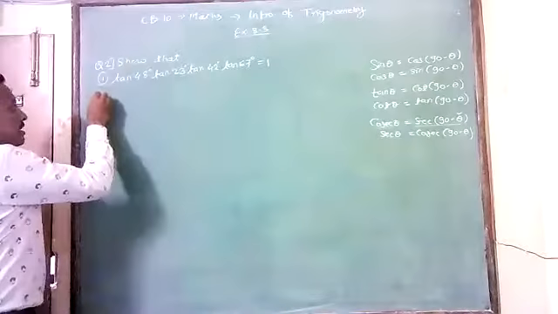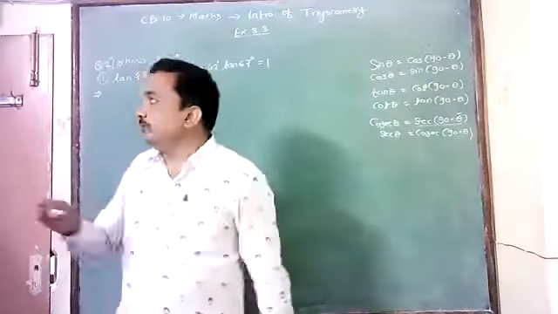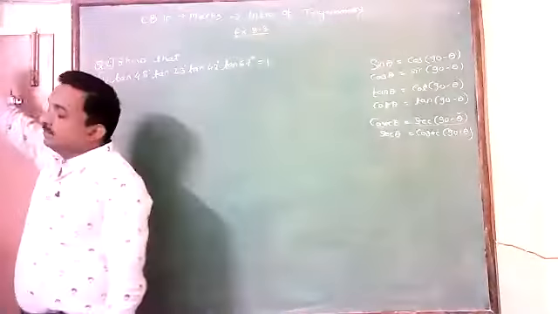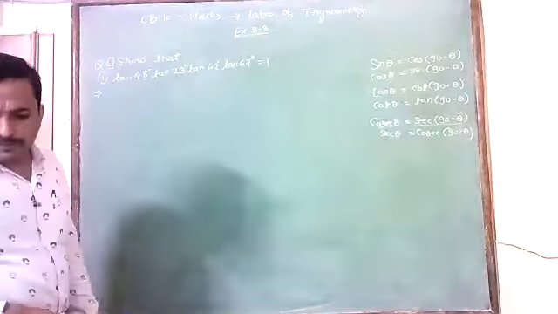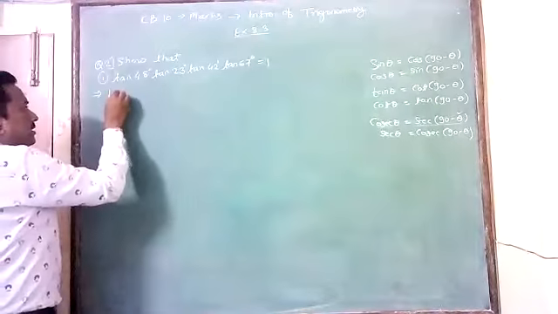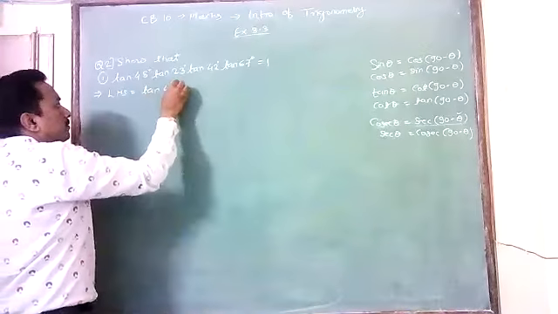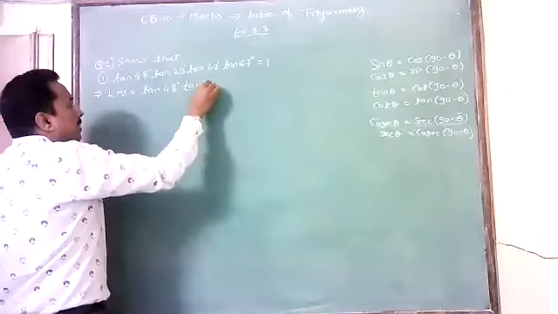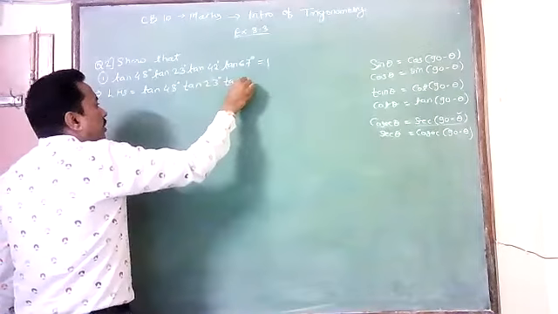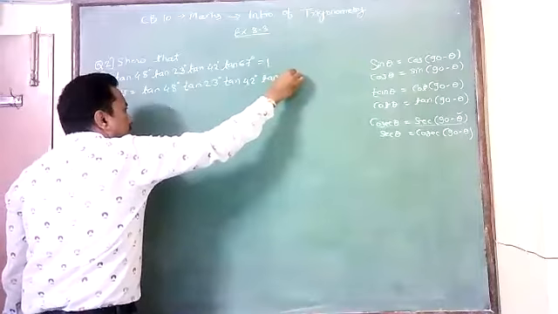So whenever this type of question comes, we have to prove one side. We have to take one side, not both sides. So this is LHS is equal to tan 48 tan 23 degree tan 42 degree and tan 67 degree.